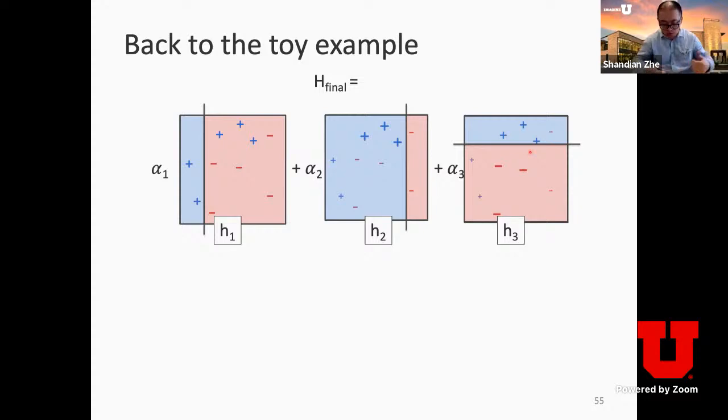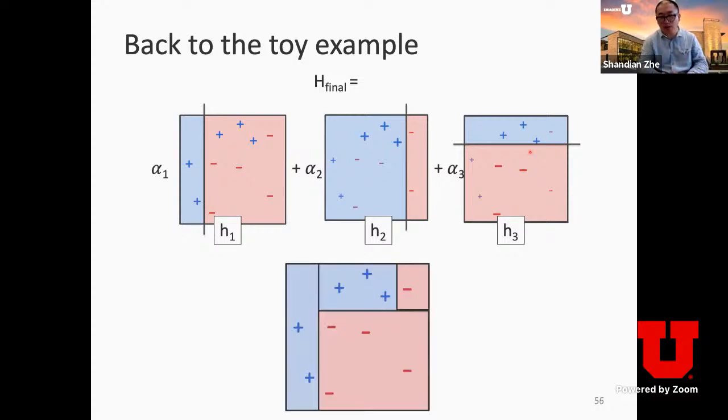But if we combine them together and look at the classification boundary again, it becomes much more complex, and this boundary can well separate all the training examples. So even though we only have a collection of simple classifiers, by smartly combining them together, we can still end up with a very complex and expressive classifier.